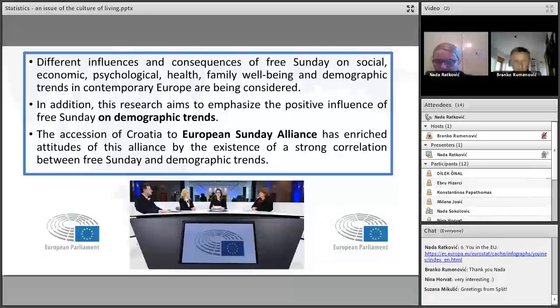In addition, this research aims to show the positive influence of Sunday on demographic trends. We all know what the demographic trends in Europe are today. Croatia is one of the participants of the European Sunday Alliance, and we will show here a strong correlation between Free Sunday and demographic trends.